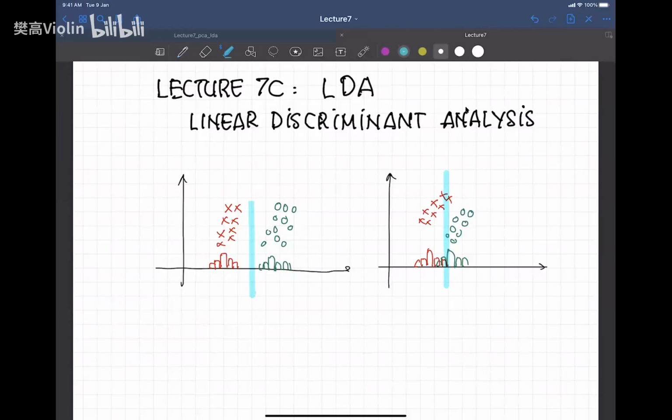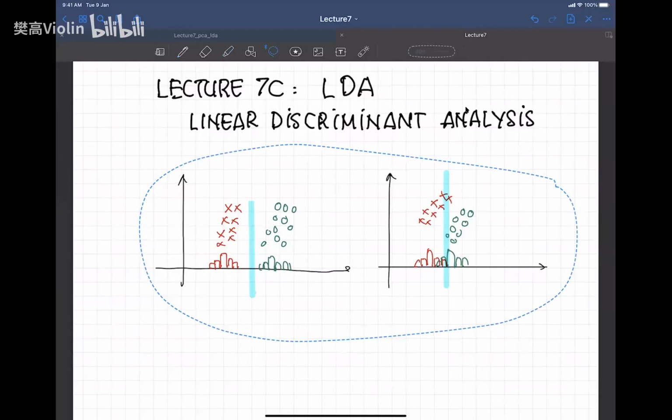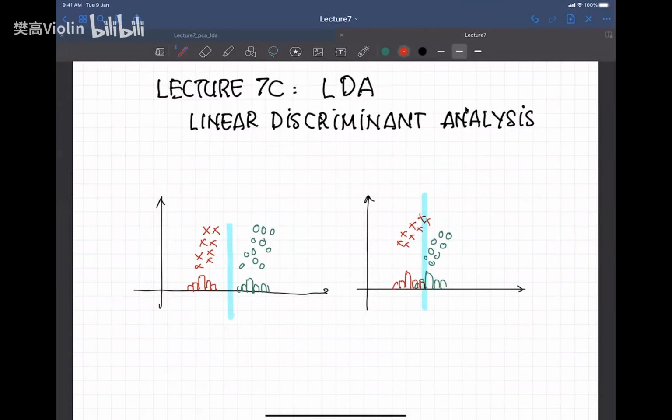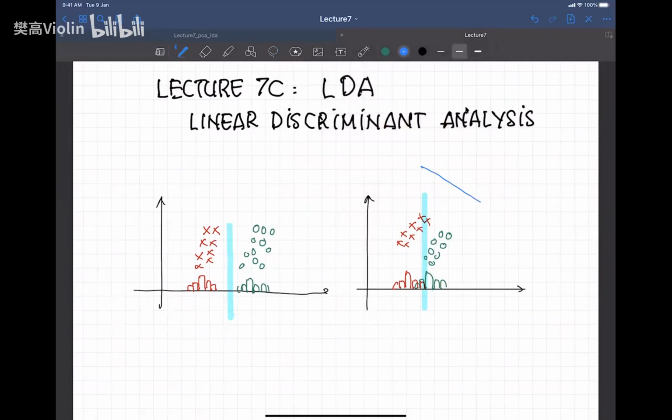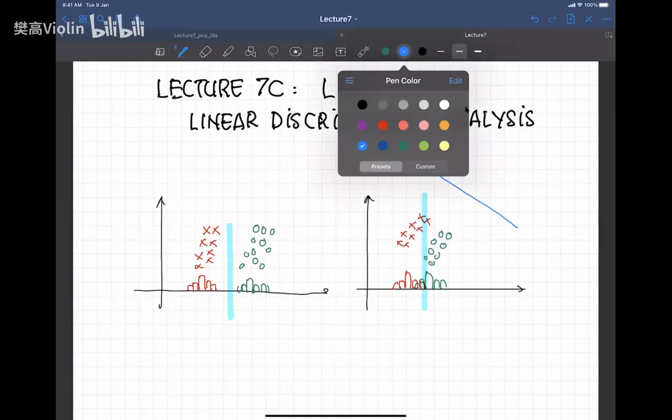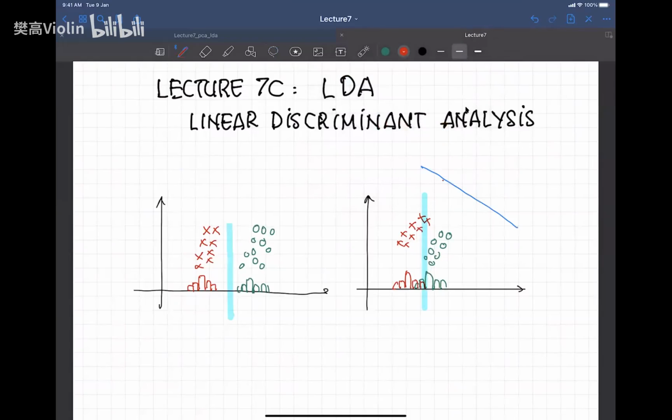So the basic idea of LDA, which was found 100 years ago by Fisher, is that we want to project this into a more proper projection. A more proper projection is somewhere here, so that we can have the histogram of the red one and the histogram of the green one in different locations.